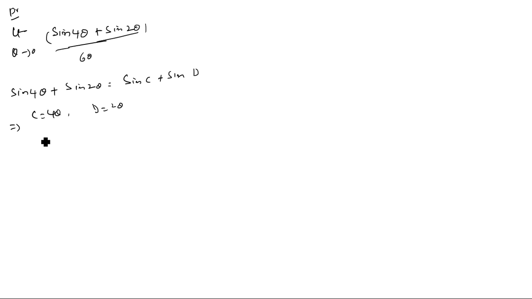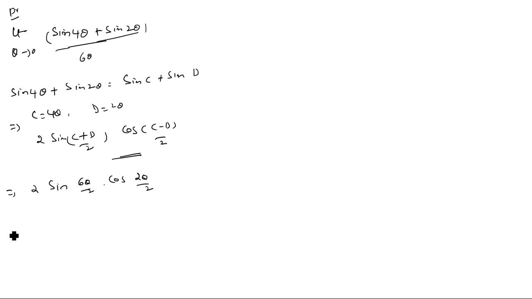The formula for sin C plus sin D is 2 sin of (C plus D) by 2 cos of (C minus D) by 2. Simplifying, we get 2 sin of 6 theta by 2 cos of 2 theta by 2. That is nothing but 2 sin 3 theta and cos theta.